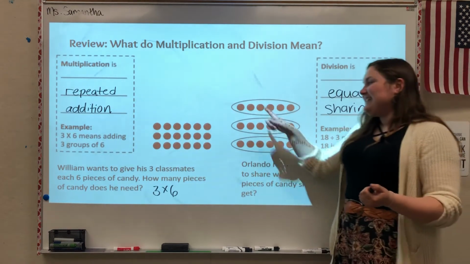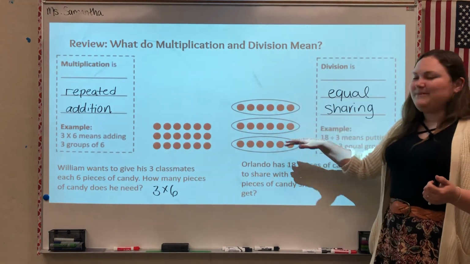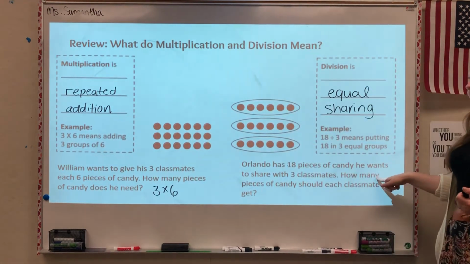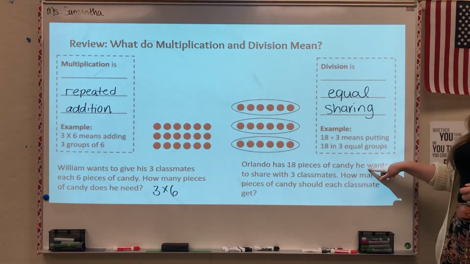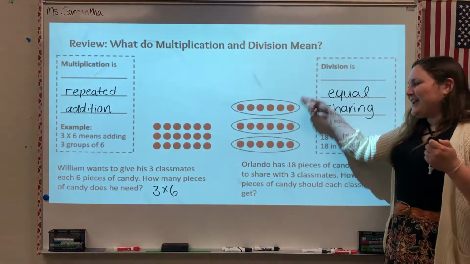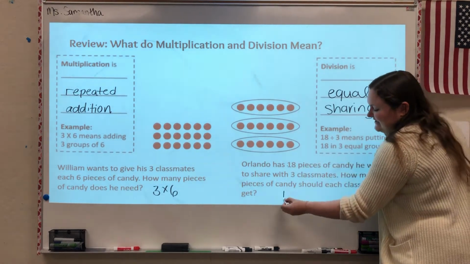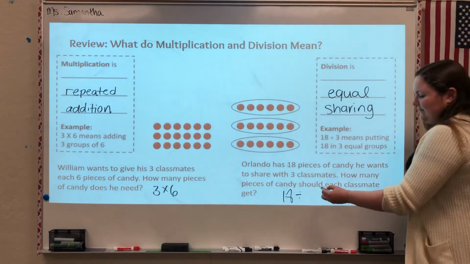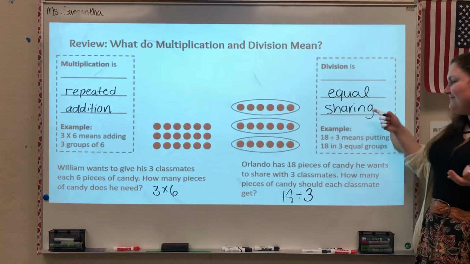He's got these 18 circles, which represent the candy, that he's sharing equally between those 3 people. That would be a division problem to figure out how many pieces of candy each classmate should get. In this problem, we're still talking about candy and 3 classmates, but the difference this time is he has 18 total pieces of candy that he's dividing between his 3 friends. He's sharing equally.